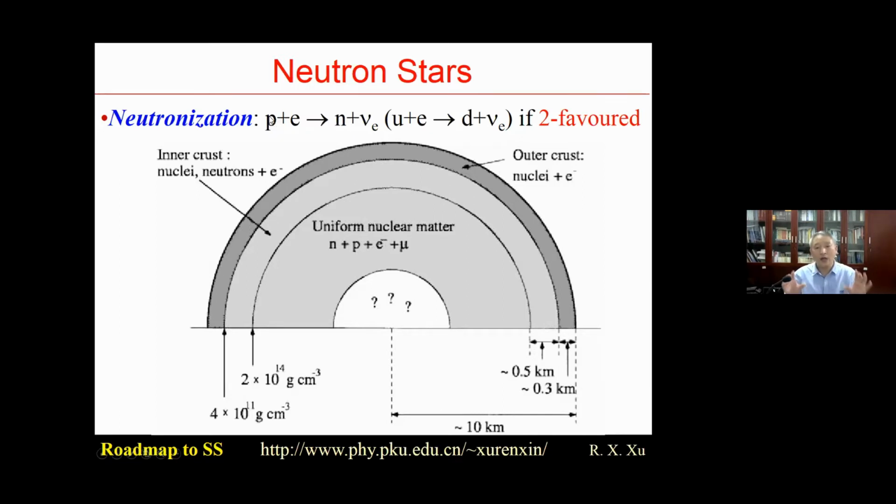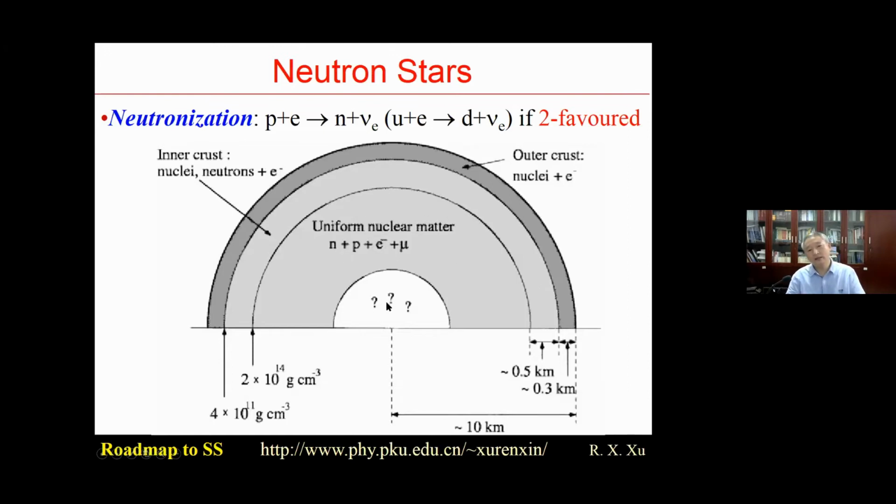So you have to have very high density. So in the neutron star model, there's a crust, outer crust and inner crust, and the density becomes higher and higher. The electron density becomes higher and higher consequently. And finally, a neutron is forbidden to decay into proton. So you have uniform nuclear matter.